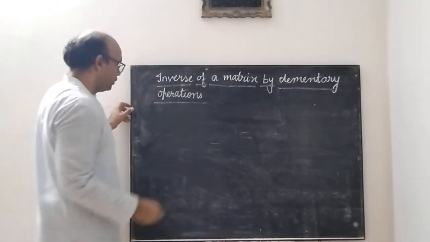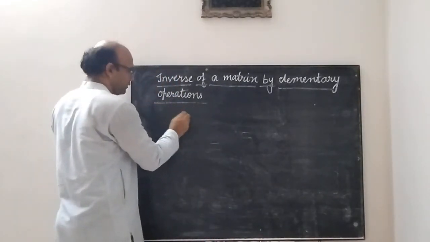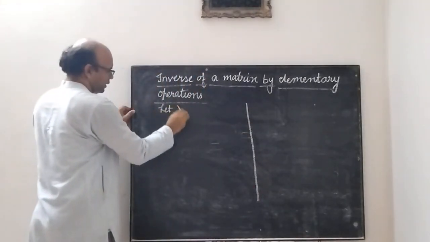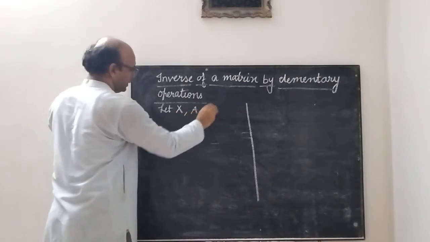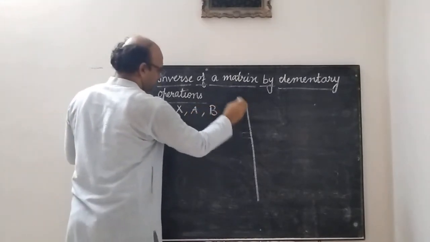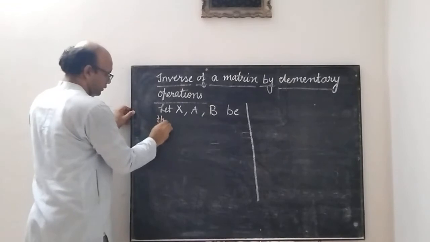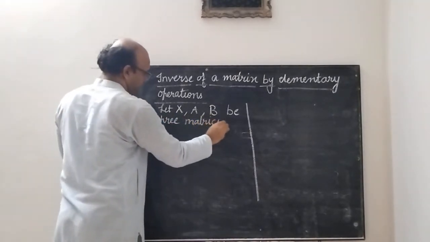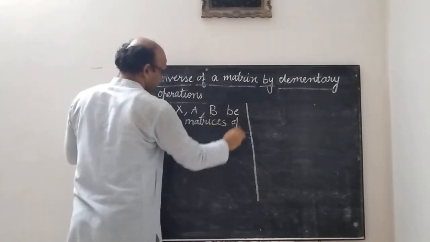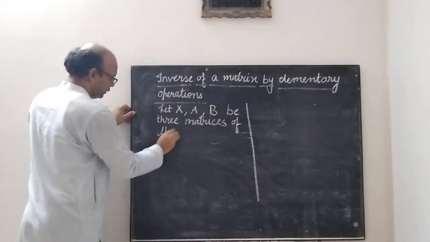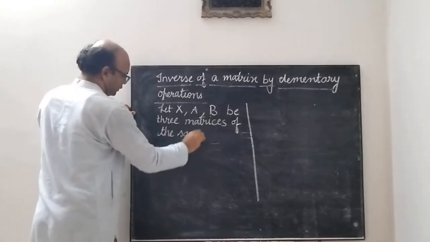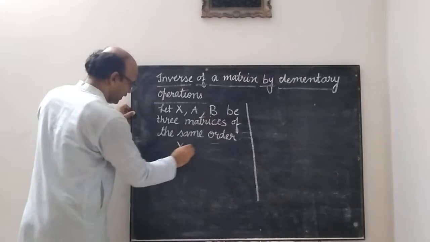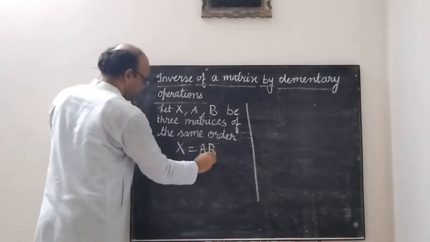So what we start with is, let capital X, capital A, capital B be three matrices of the same order, and we have X equal to AB.